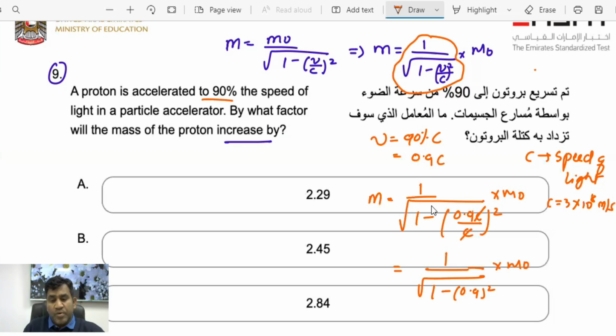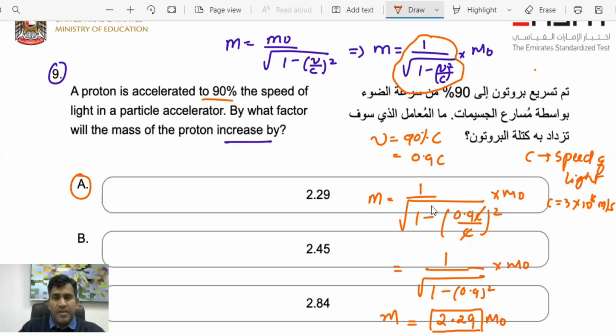If you put this part in your calculator, you'll get 2.29. So m equals 2.29 times m0. By this much factor the mass of the proton is increased, and that represents option A.